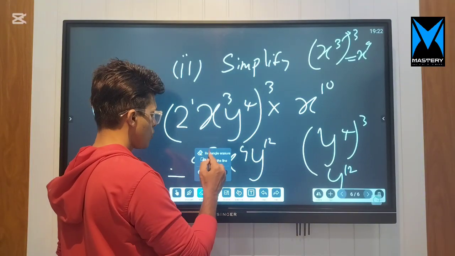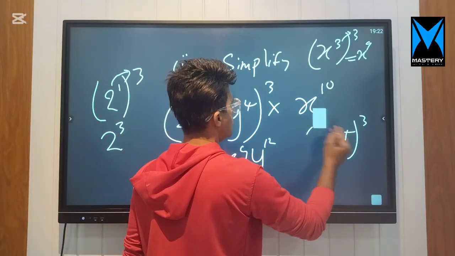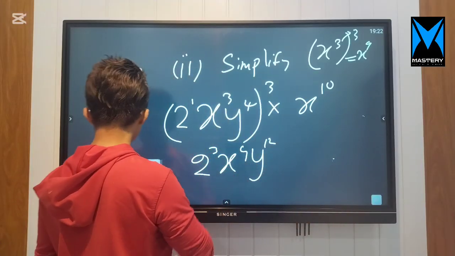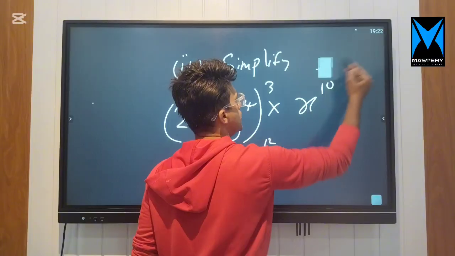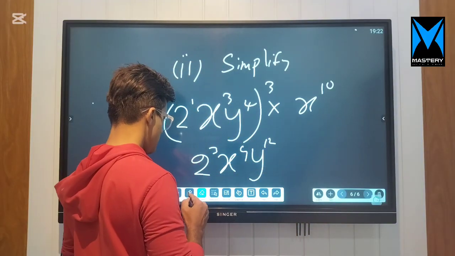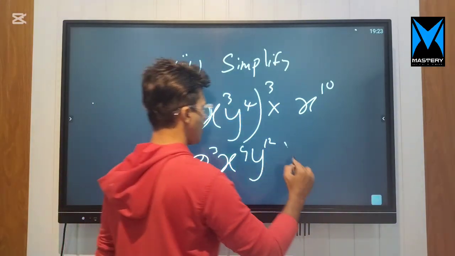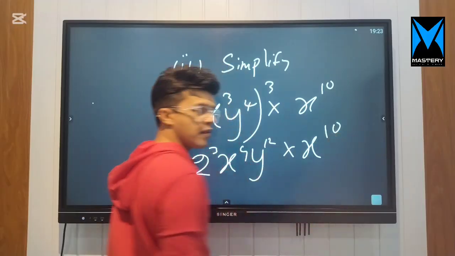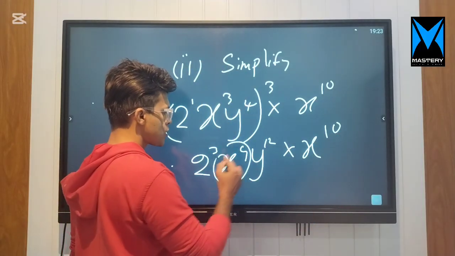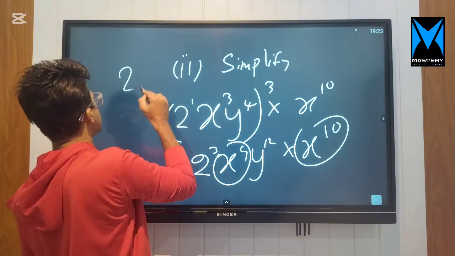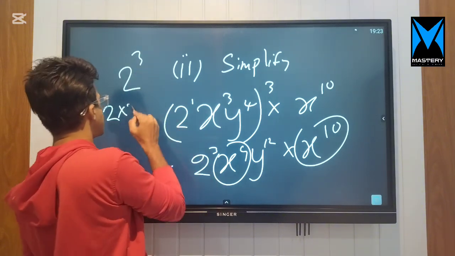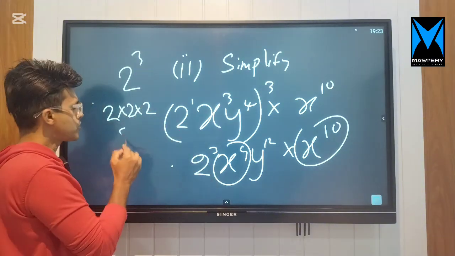Then after that, how do you simplify this? Here you could see x to the power 10. Now like terms can be simplified. Before that, 2 to the power 3 means 2 into 2 into 2, which is 8.